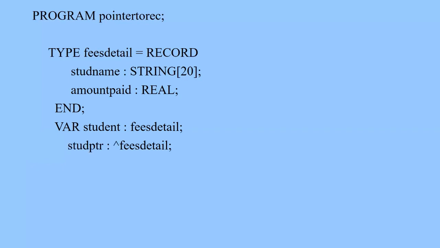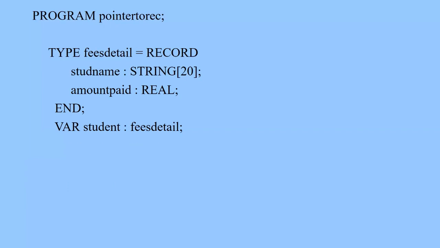So we begin. Let me do a correction here. I repeat here for the sake of your understanding, my dear students and the rest of the learners. Here we are declaring a variable student of type fees detail.